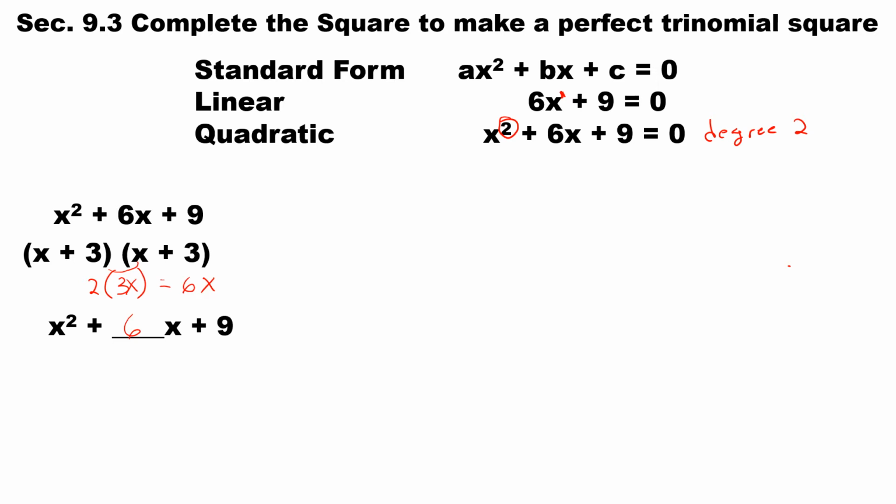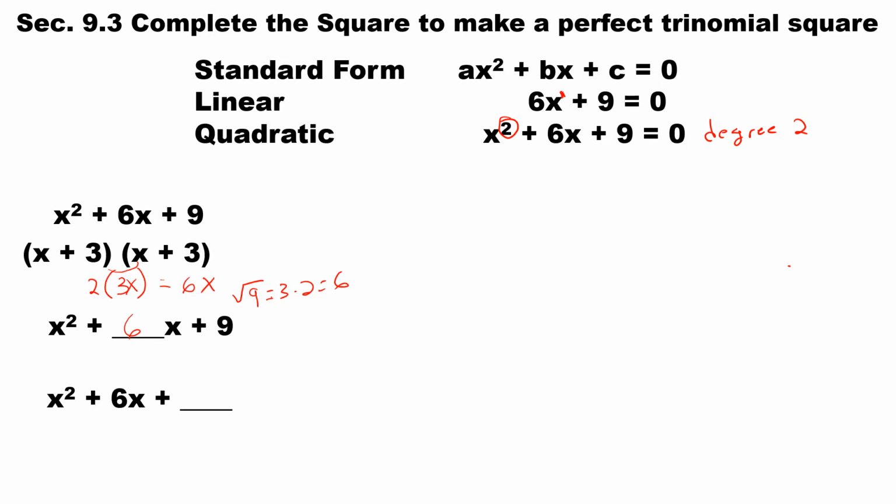So I'm going to take the square root of 9 and get 3, and then I'm going to double it, right? That's kind of what we're doing here, and we got that 6x.